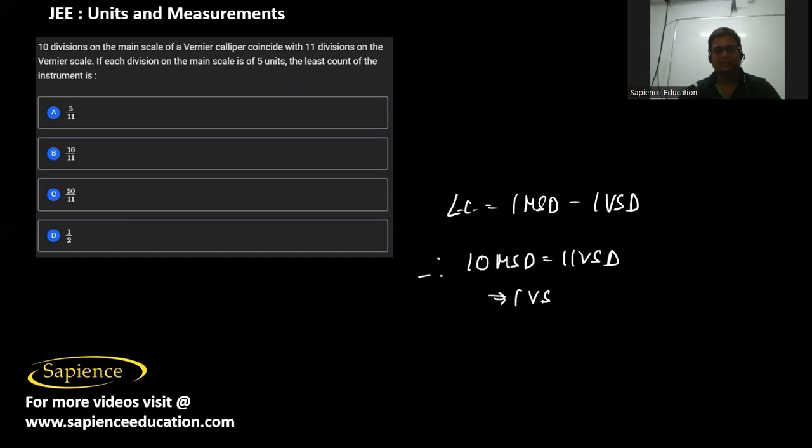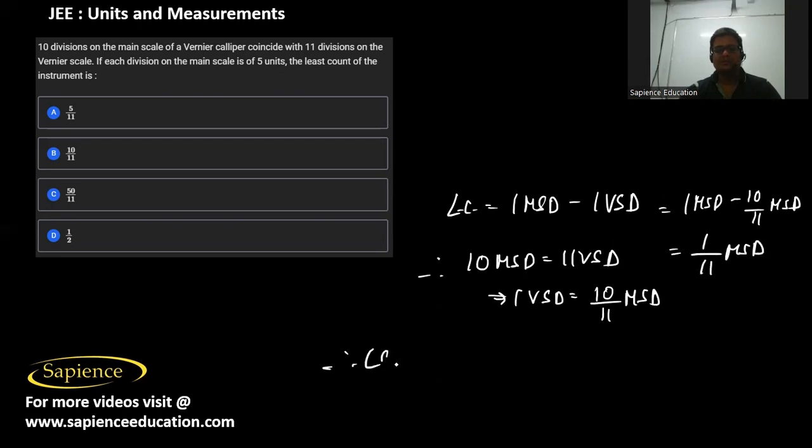So 1 vernier scale division is equal to 10/11 main scale divisions. So this will be 1 main scale division minus 10/11 main scale divisions, which equals 1/11 main scale division. So the least count is 1/11 main scale divisions, and 1 main scale division is 5 units. So this will be 5/11 units. So option A is the correct answer.